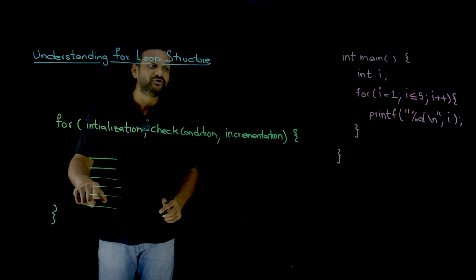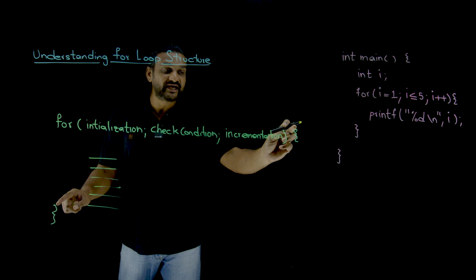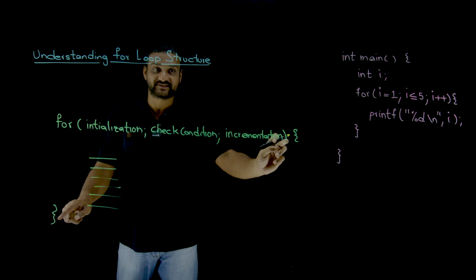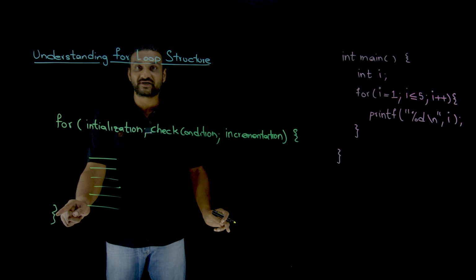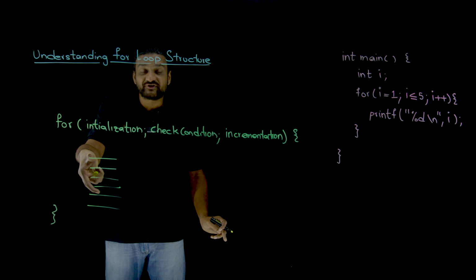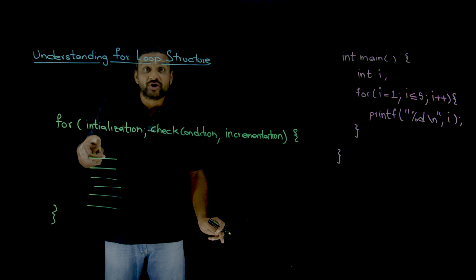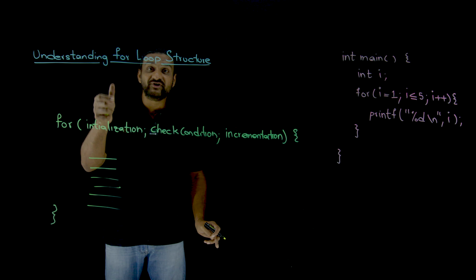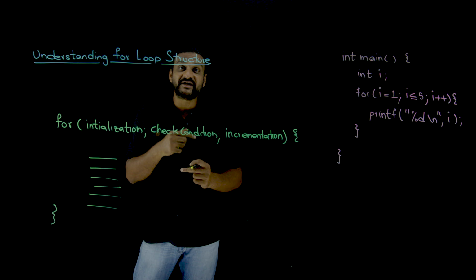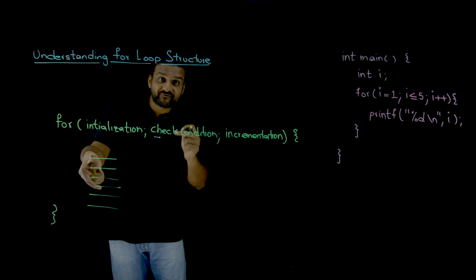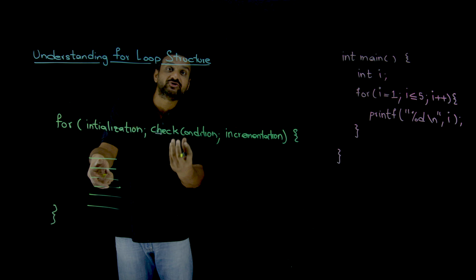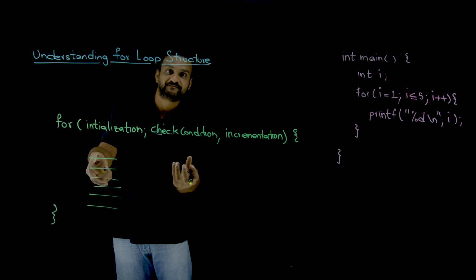Now whatever is there within these curly braces, this is the opening curly brace of the for loop, and this is the closing curly brace, those statements will get executed repeatedly. This is the repeated work that we are expecting this for loop to perform. Try to understand this.